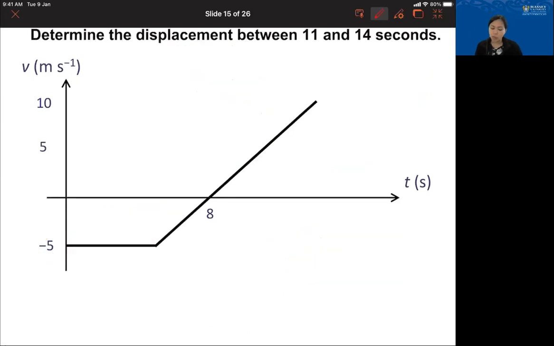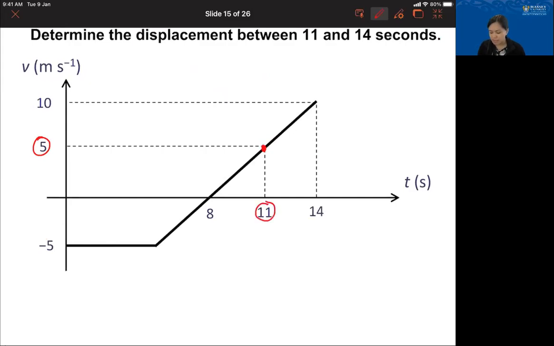Right. So now what if we wanted to determine the displacement between 11 and 14 seconds? Say 11 seconds is, for example, this point here, and you can read off the graph the value of your velocity at 11 seconds, and 14 seconds is this point here.